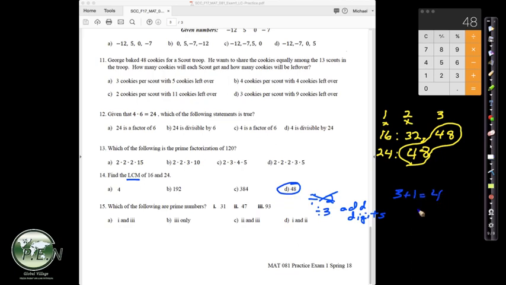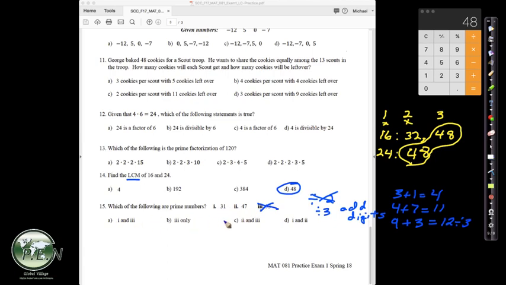That's not divisible by 3. 47, 4 plus 7, that's equal to 11. That can't be divided by 3. But 93, 9 plus 3, that equals 12. And I can take 12 divided by 3. So I know 93 can also be divided by 3. That is not prime.